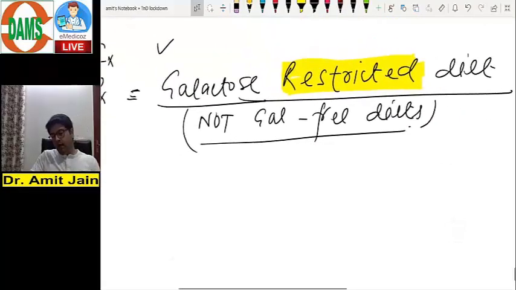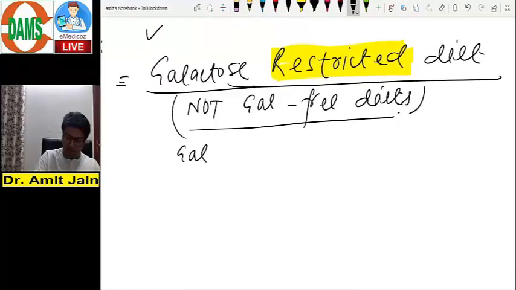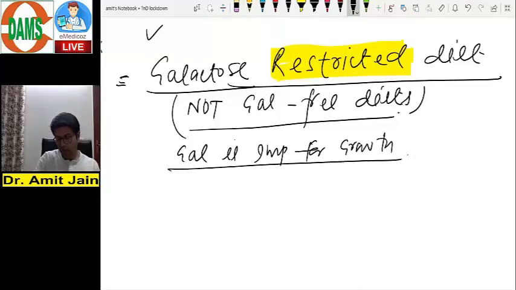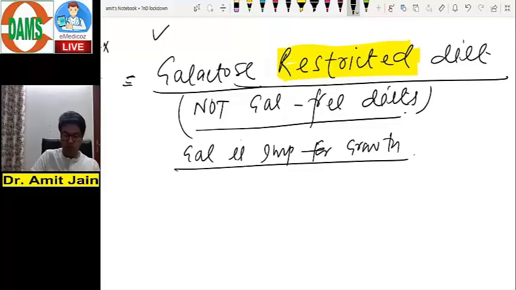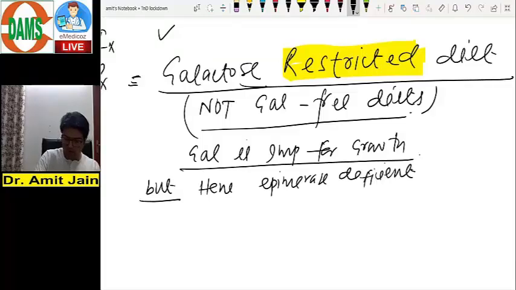So, a galactose restricted diet. Galactose is important for growth. But here the epimerase is dead, so glucose cannot make galactose. This is not possible.